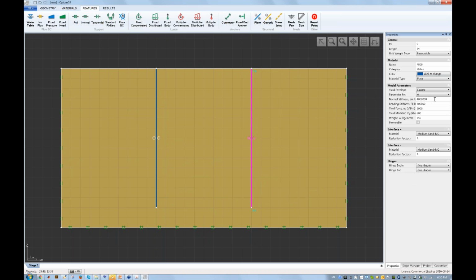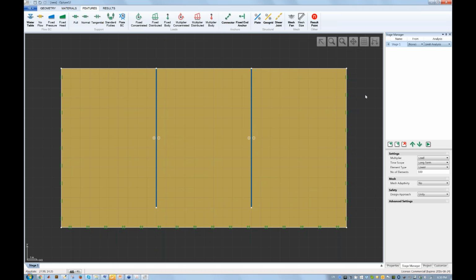The parameters of those, well, that's some plate parameters: EA, EI, yield moment, weight, and so forth. So this would be our initial situation, and it's for this initial situation that we want to, first of all, calculate the initial stresses before we start excavating.